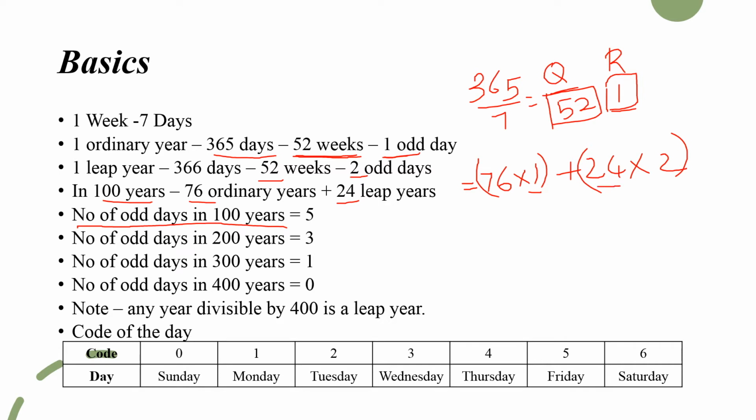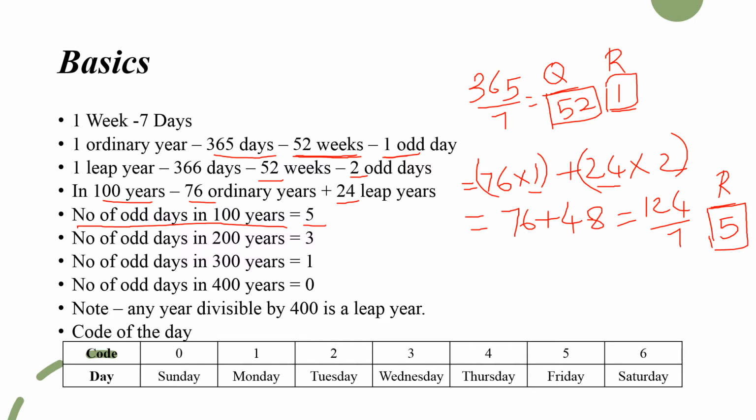That gives 76 plus 48, which is 124. If we divide 124 by 7, it leaves a remainder of 5.